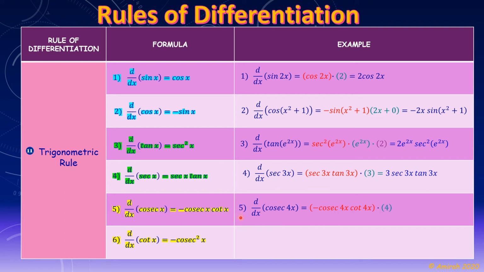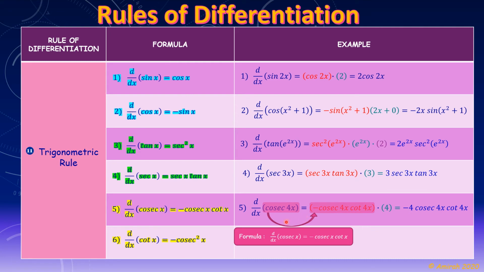Okay, and example number 5. To differentiate cosec 4x, the step is negative cosec 4x cot 4x, and then times 4. How do we get this? Okay, first step, we differentiate cosec 4x, and then we refer to the derivative of cosec x.